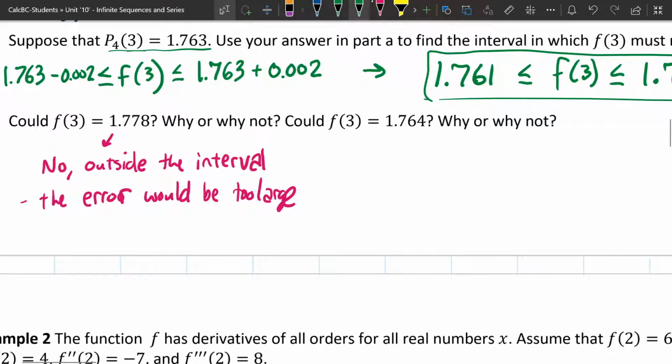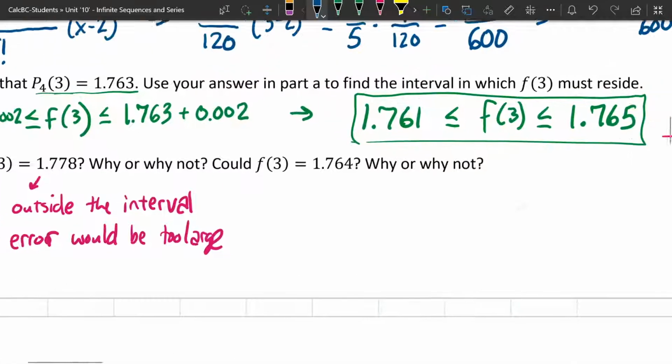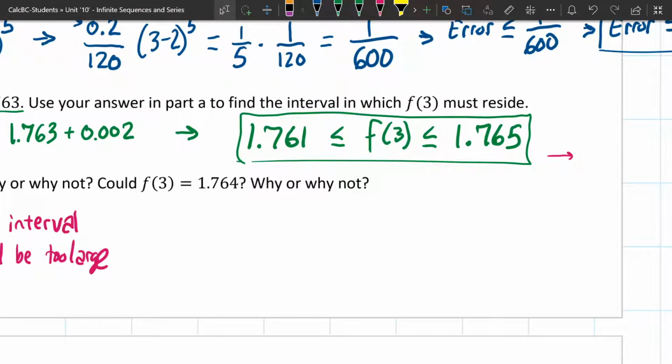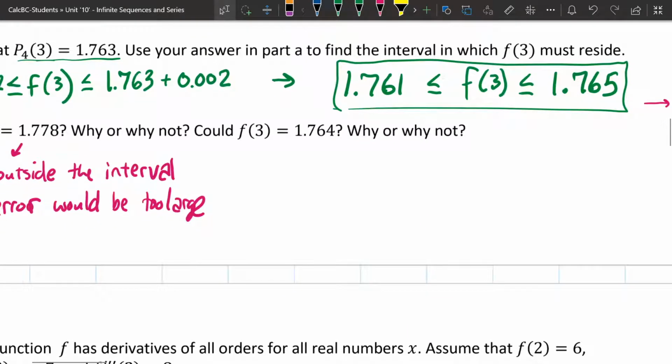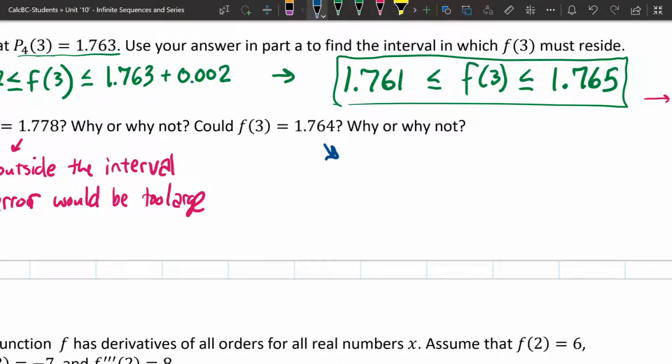All right, how about the second one there, 1.764? Okay, that is within that interval, on the upper side of that interval. So yes, that fits within that inequality. So for that second one, yes.